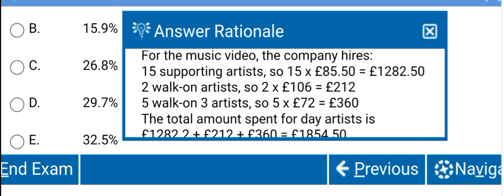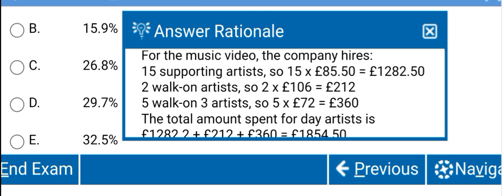So 15 into £85.50 equals £1282.50. Two walk-on artists, so 2 into £106 equals £212. 5 walk-on 3 artists, so 5 into £72 equals £360.